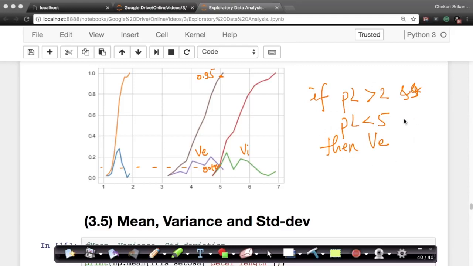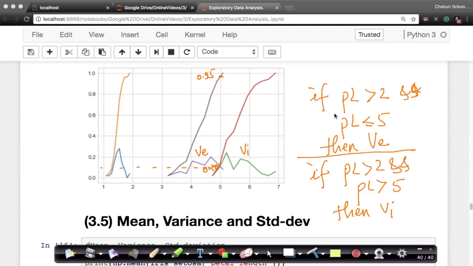And if petal length is greater than 5, then virginica. Let's assume I've just written these two if-else conditions. For setosa, it's very clear: less than 2, it's setosa. For versicolor and virginica, let's assume I wrote rules like this.